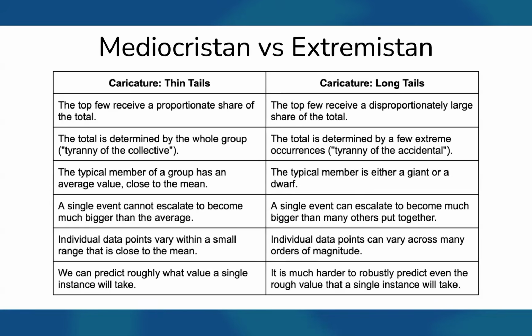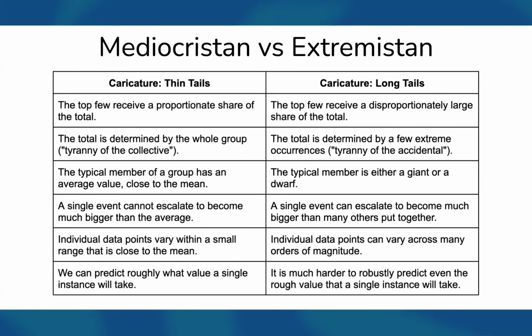At the left, the top few receive a proportionate share of the total. Meanwhile, for long-tailed situations, the top few receive a disproportionately large share of the total. I'll skip down to: a single event cannot escalate to become much bigger than the average. Meanwhile, in these more extreme scenarios where there are more tail events, a single event can escalate to become much larger than many of the events put together.